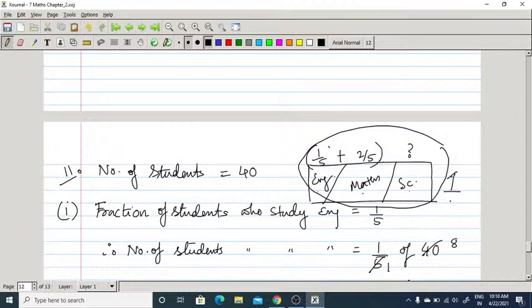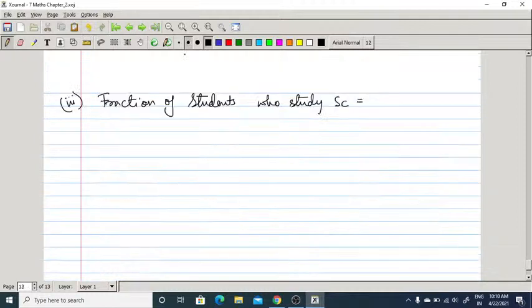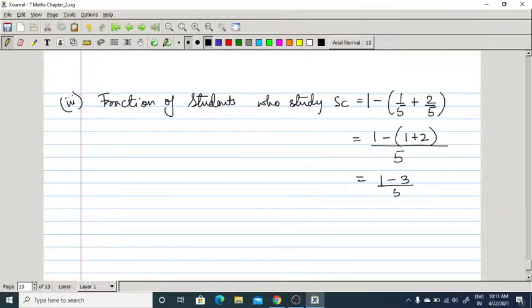If you add these two and subtract it from 1, then only you will get the remaining part, isn't it? So that is 1 minus (1 by 5 plus 2 by 5), which is equal to 1 minus 3 by 5, which is equal to 2 by 5. So that means the rest, 2/5 of the students, study science.